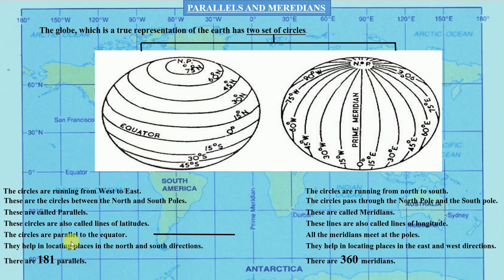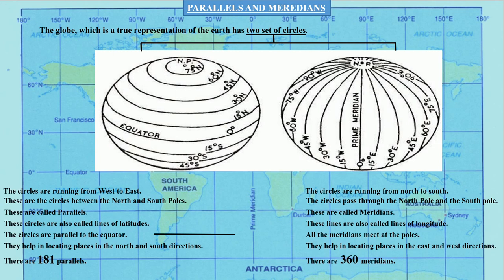These circles help us in locating places in the north and south directions, and there are 181 parallels. We will be discussing in detail in the very next video how these parallels are 181 in number.